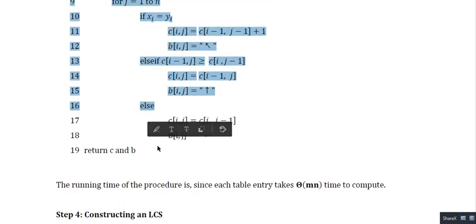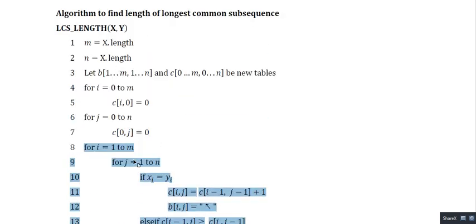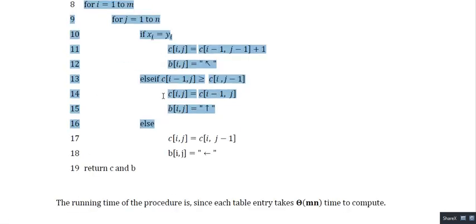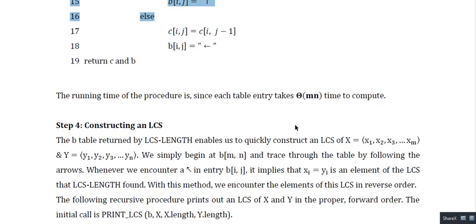Out of this, mn dominates m and n. So the total time complexity of this dynamic programming algorithm will be mn, which is much less than m into 2 to the power n. And if both sequences have the same length, then it will be n into 2 to the power n for brute force.